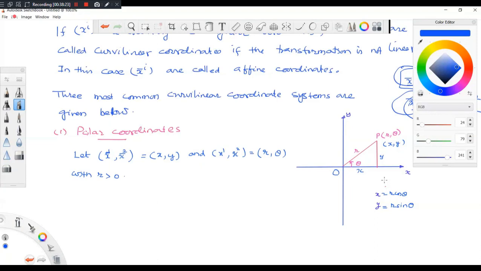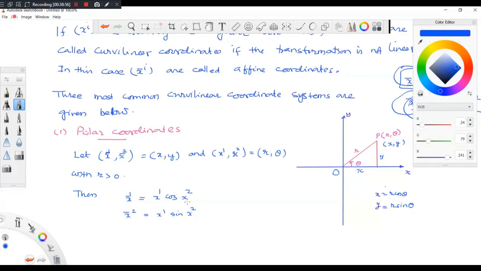Then how these coordinates are related: x1 bar, that is x bar, is equal to x1 cos x2, and x bar 2 is equal to x1 sin x2.